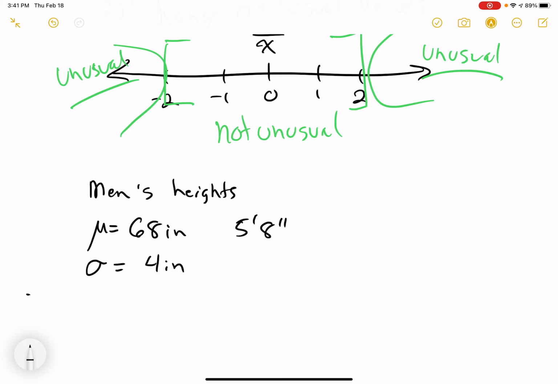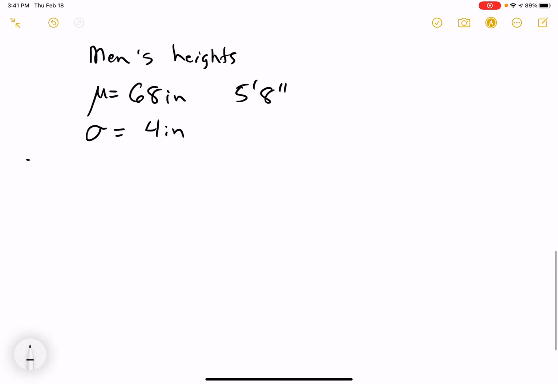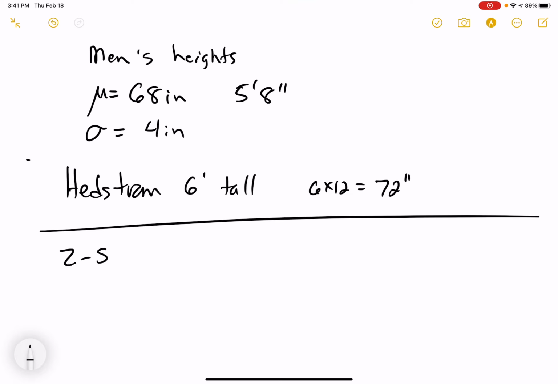Now I'm 6 feet tall, which means that I'm 6 times 12 inches. So that means I'm 72 inches tall. Okay? So where am I in comparison to the average height of men? Well, we can do something called a z-score.